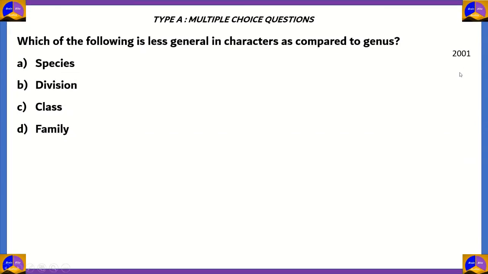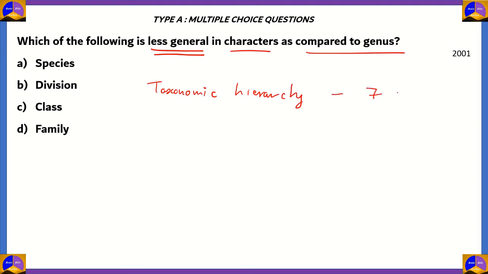Moving on to the next question. Which of the following is less general in characters as compared to genus? So when we look at the taxonomic hierarchy, we will have 7 obligate taxons present here, and these taxons are kingdom, phylum or division.